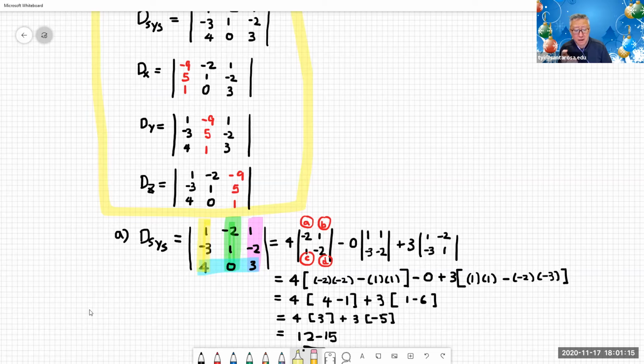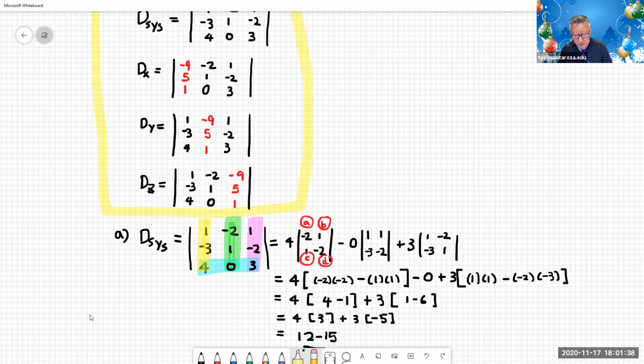Except for the system, when finding determinant x, y, z, you have to replace a column with the constant column. If you are finding determinant for x, then you're going to replace the x column with the constant column.